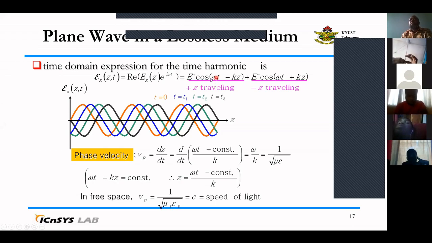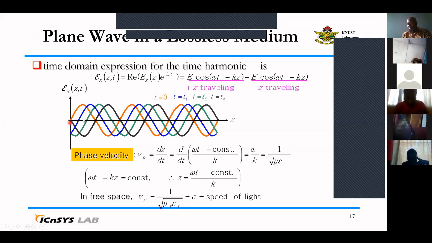How would you know that? For this wave to reach zero, it must have been traveling from this direction until it reaches zero. Because this is minus kz, it must be traveling from backwards here until it reaches zero. So that's a positive traveling wave.